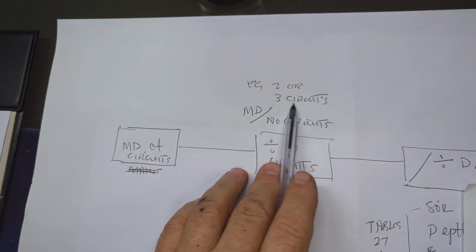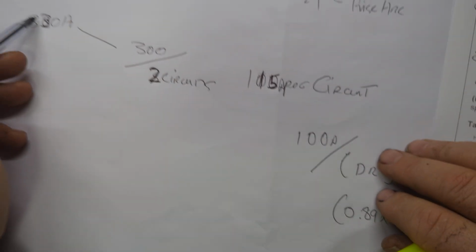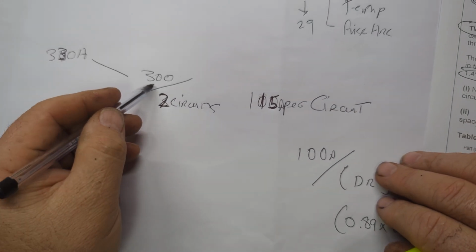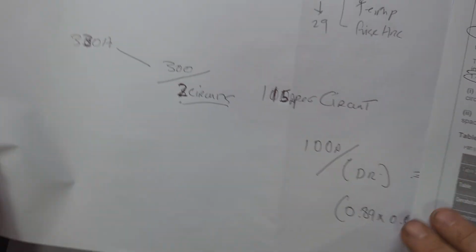For example, 330 divided by 2 circuits makes 165 amps. What we always have to do first is divide it by the number of circuits, whether 2 or 3. So from 330 divided by 2 circuits, we get 165 per circuit.